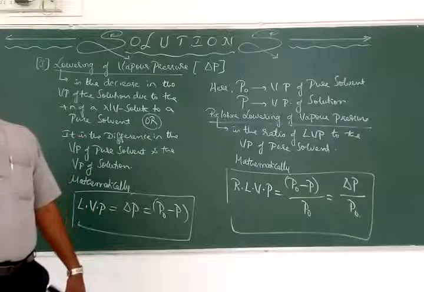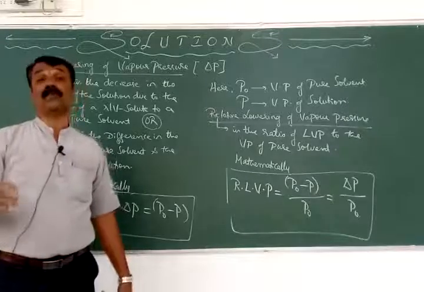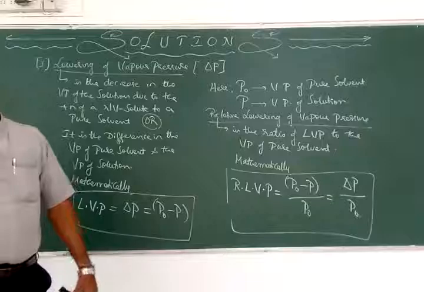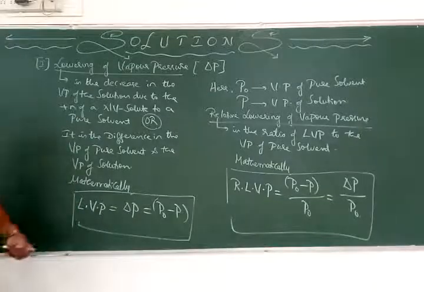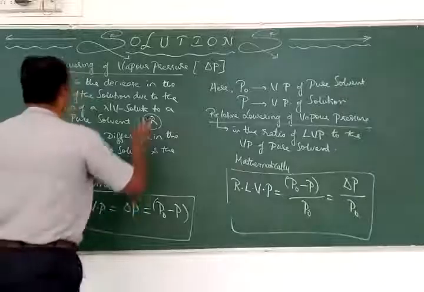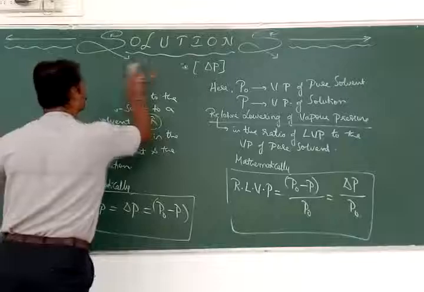The ratio of the lowering of vapor pressure to the vapor pressure of the pure solvent is called the relative lowering of vapor pressure. Okay. Next, we will have one law related to this.